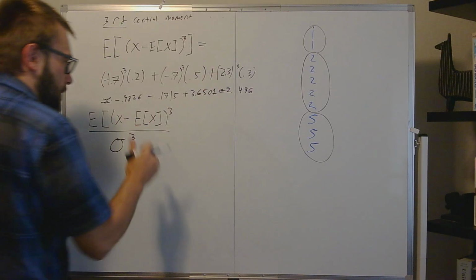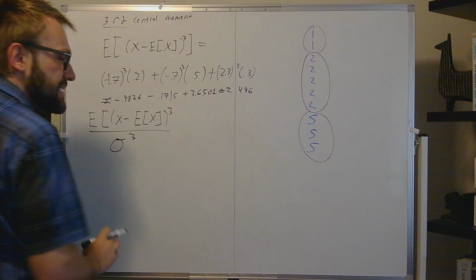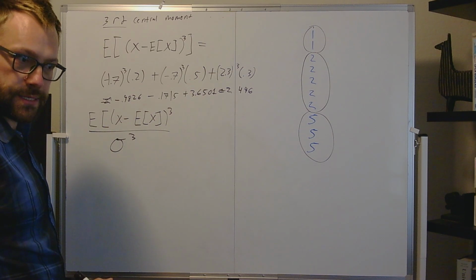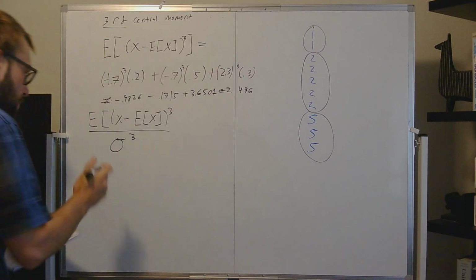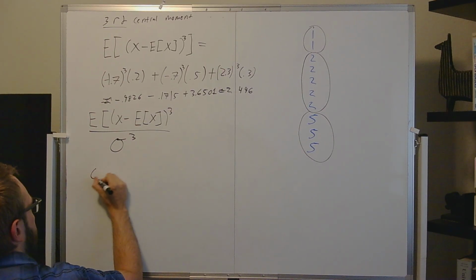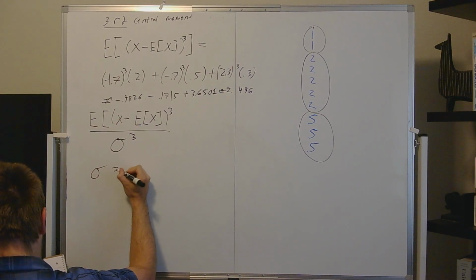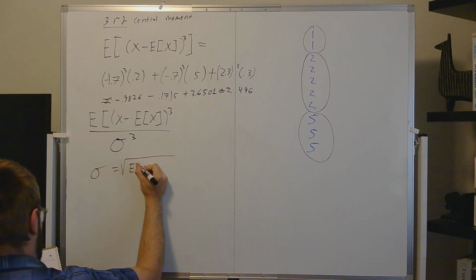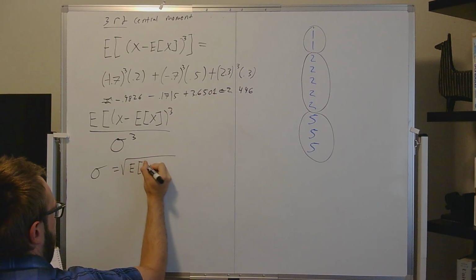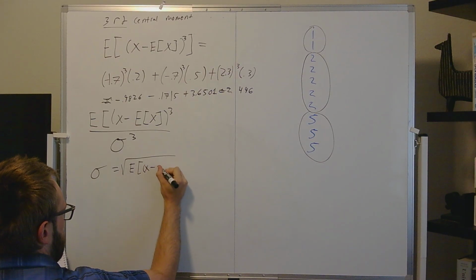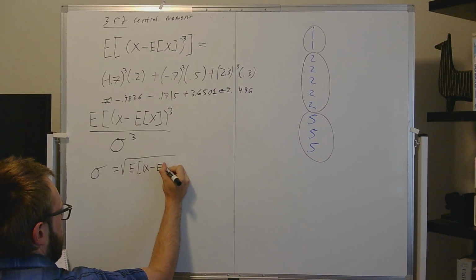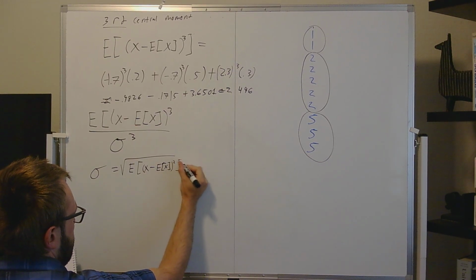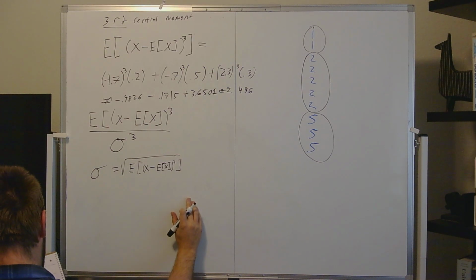Sigma, in this instance, means standard deviation. Standard deviation is the square root of variance, and last time we had solved for the variance. So I'm going to give you that identity in the expectation operator form. It's the square root of the expectation of x minus the expectation of x, squared, and again, all under the square root here.